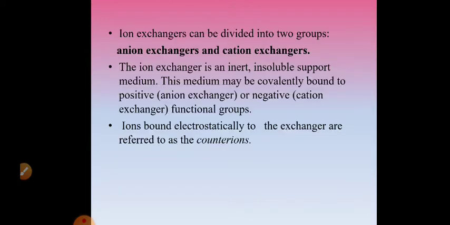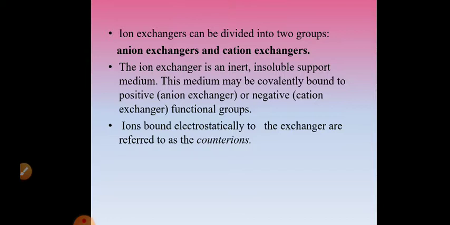ion group. Now, to this functional group, counter ions are electrostatically attached. An ion exchanger first consists of an insoluble support medium to which the functional group is covalently bound. To the functional group, counter ions are attached. The counter ions are actually exchanged.